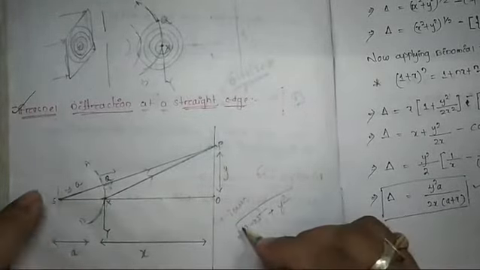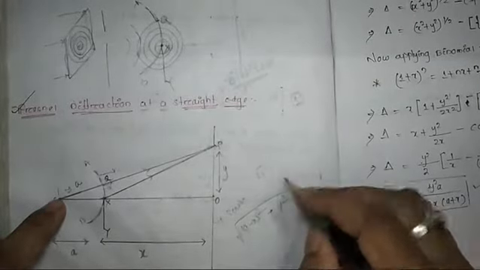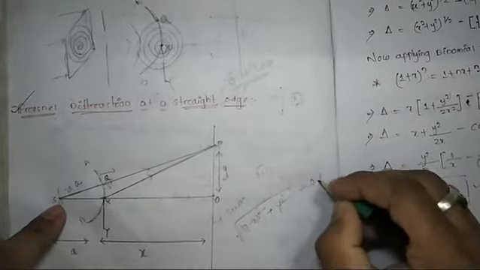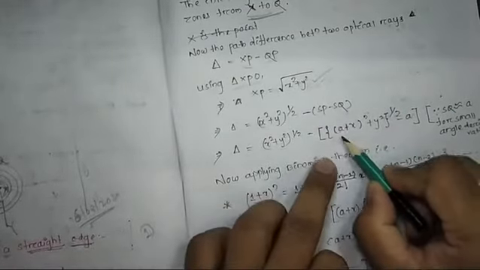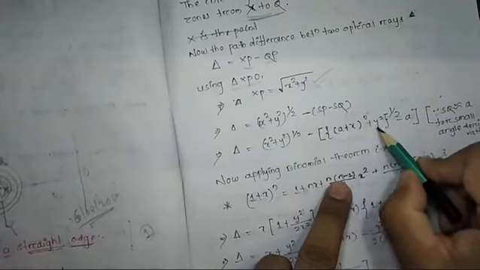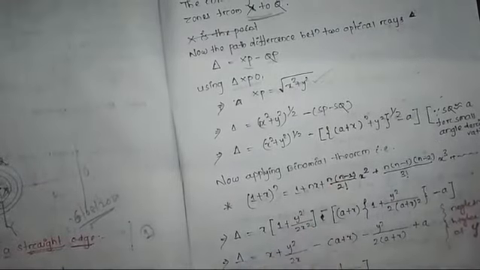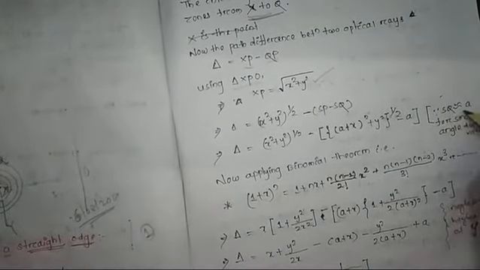Here SQ is equivalent to a, so QP will be SP minus a. SP will be the square root of (a plus x) squared plus y squared, that is, SP is (a plus x) squared plus y squared to the power 1 by 2, minus a, because here SQ is approximately a.